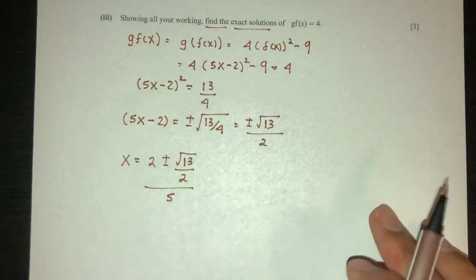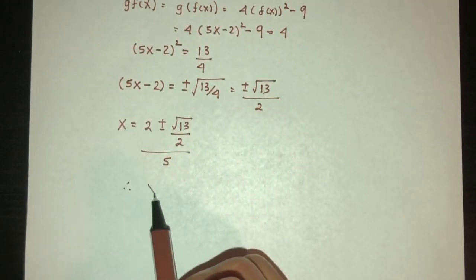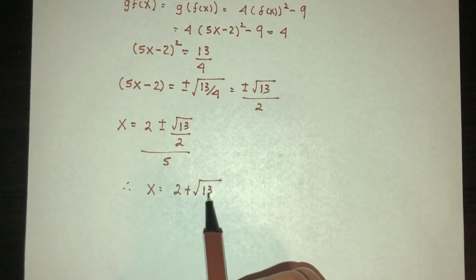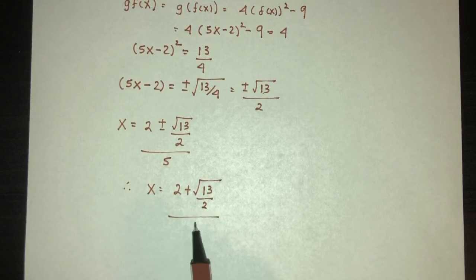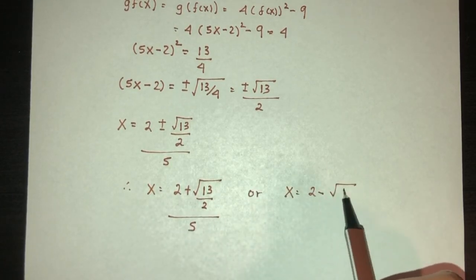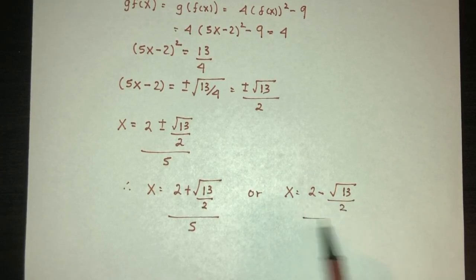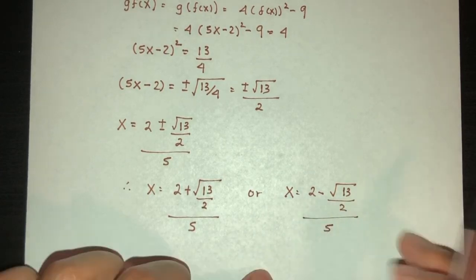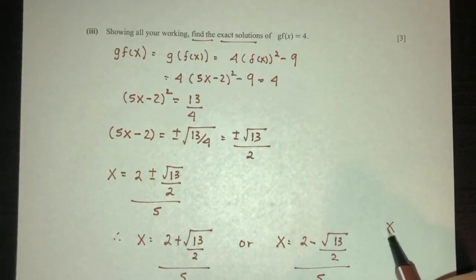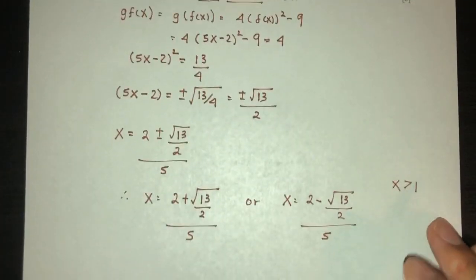So here we have two values of x. X can be 2 plus root of 13 over 2 divided by 5, or it can be 2 minus root of 13 divided by 2 over 5. So here we have a condition where x has to be more than 1. So let's see which one is more than 1. So let's test this one.